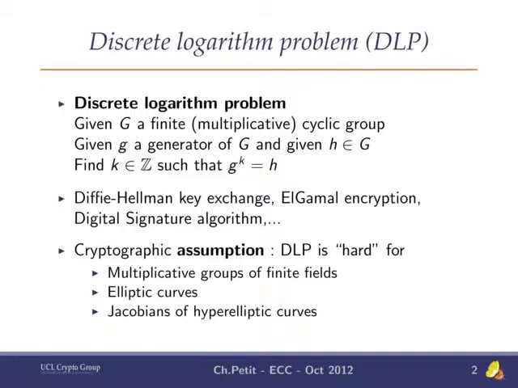In cryptography, we take the assumption that the DLP is hard, at least for certain groups. Typically, we use a multiplicative group of finite fields, elliptic curves, and Jacobians of hyperelliptic curves.